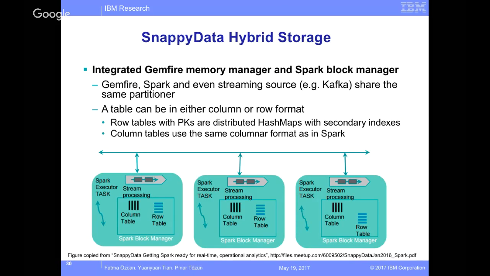They basically merged Gemfire's memory manager with Spark's block manager, so they're now the same component. And inside you can have both column tables and row tables. Row tables with primary keys are essentially just hash maps, and you can even have a secondary index on these row tables. For column tables, they directly use Spark's columnar in-memory format.